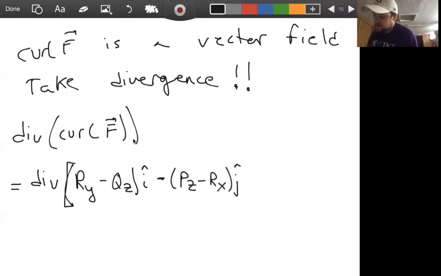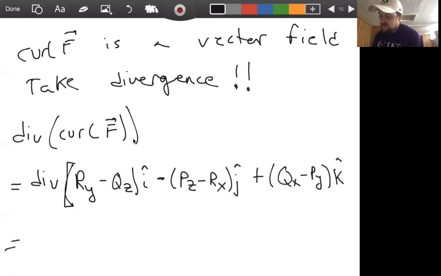Again, this is partial derivative notation. And then plus (Qx minus Py) k hat.